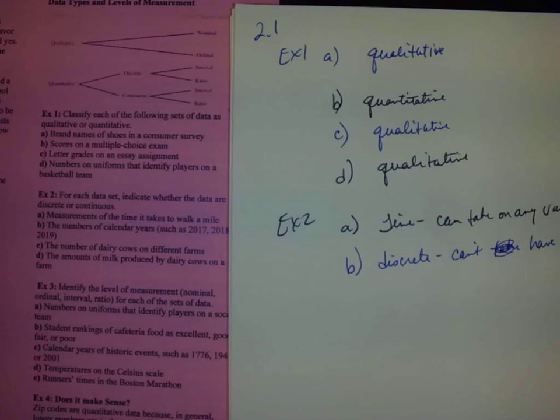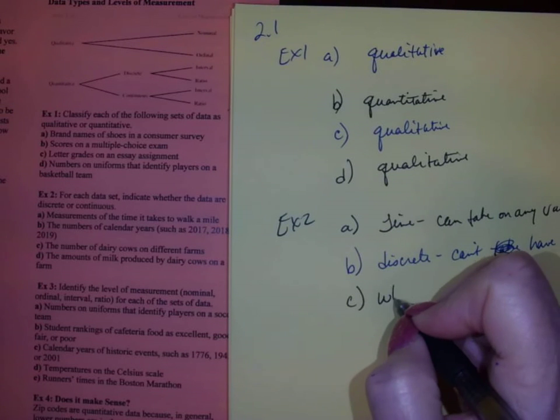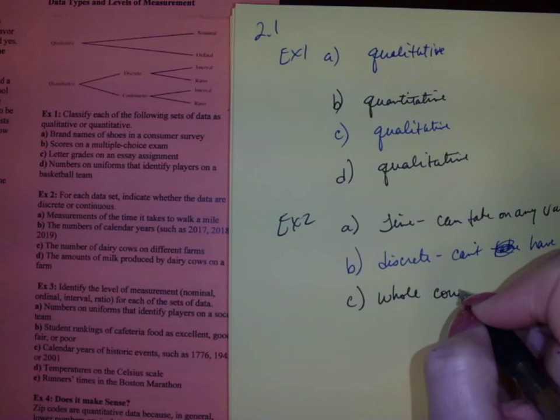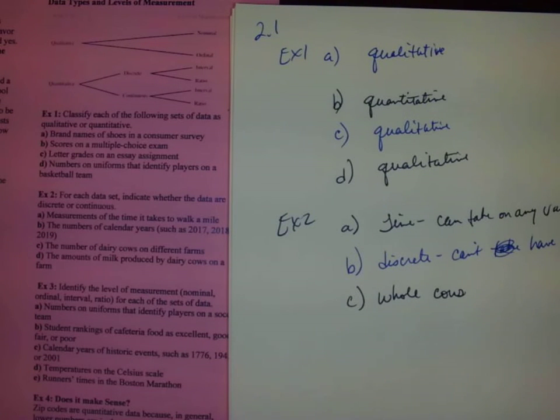All right. Part C. So the number of dairy cows on different farms. So first of all, let's talk about cows. Do we have half cows or do we have only whole cows? Well, if you have a farm, I'm hoping you only have whole cows, right? If you have half cows laying around, that's going to be kind of icky.